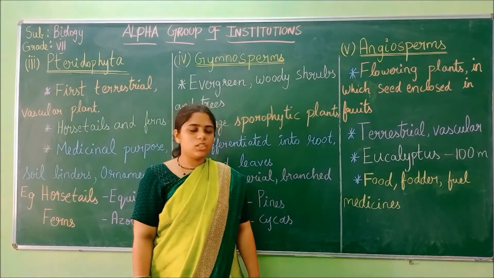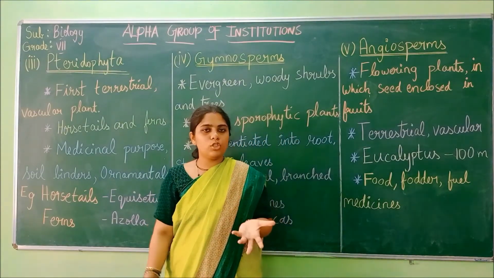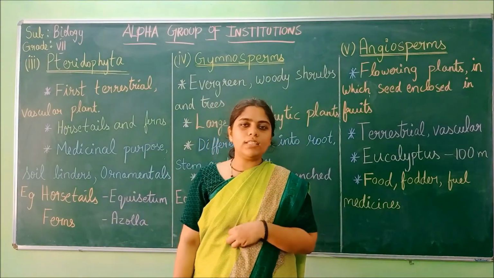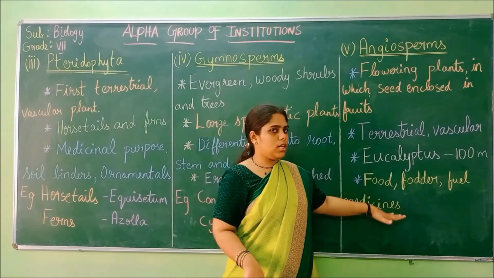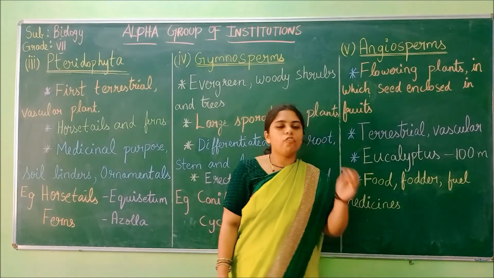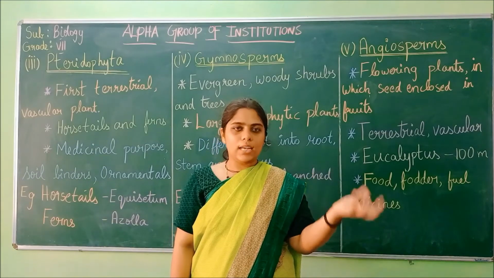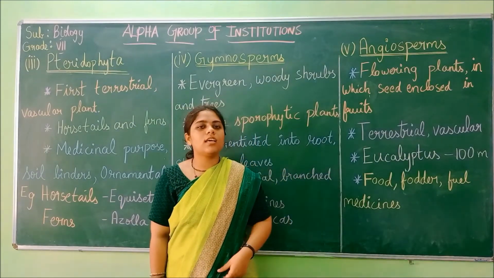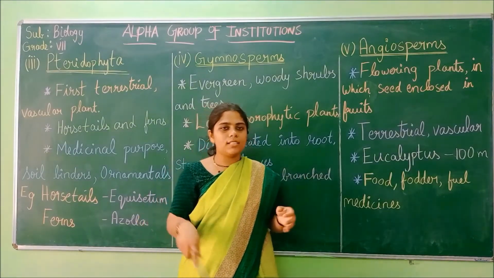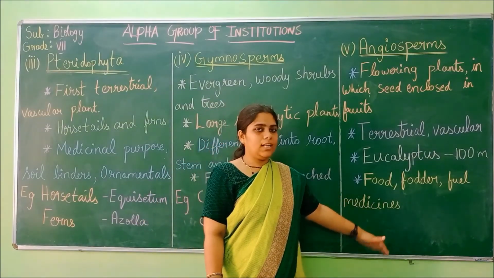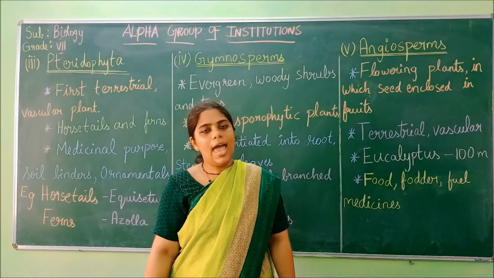So these angiosperms are used as food. We said fruits will come, and fruits we take as food. So we can include food in it. Then fodder are the plants that are used for feeding animals, the pet animals, the other domestic animals and all. We will feed them the plants. So angiosperm plants will be used as fodder for feeding the animals.